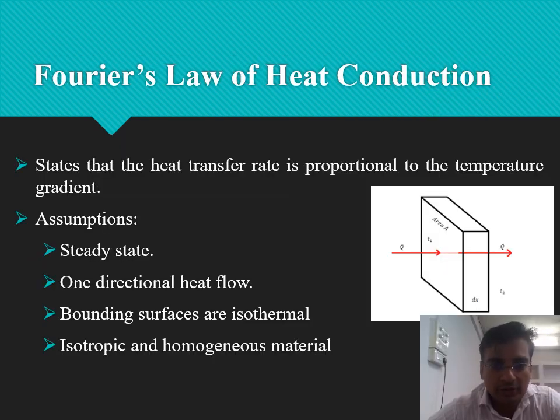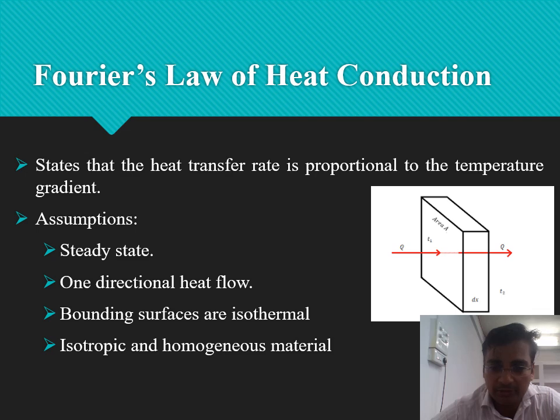Now come to the next, that is Fourier's law of heat conduction. This law states that the heat transfer rate is proportional to the temperature gradient, and for this law we have some assumptions: the flow will be in steady state condition, the heat flow should be one directional, and boundary surfaces are taken as isothermal.